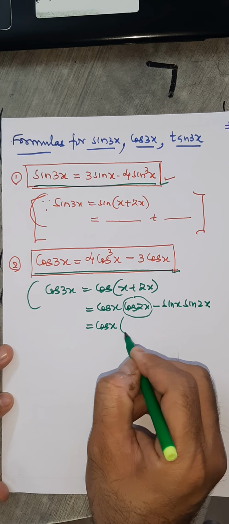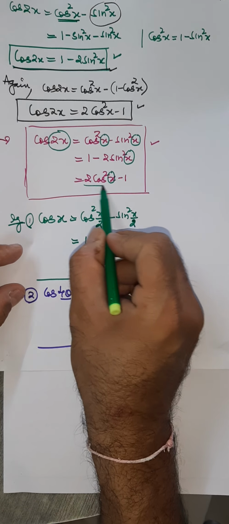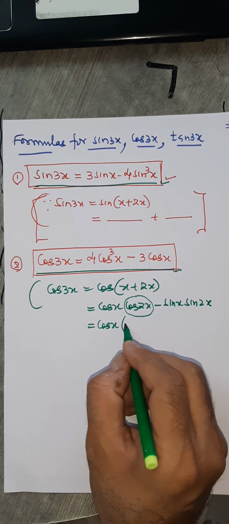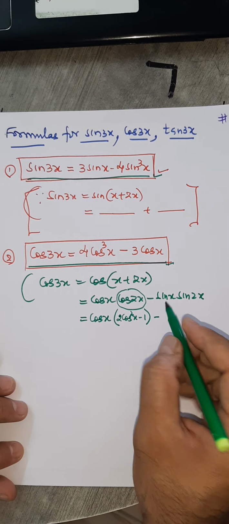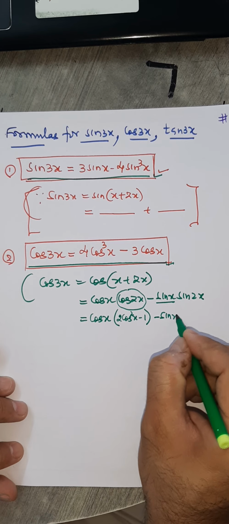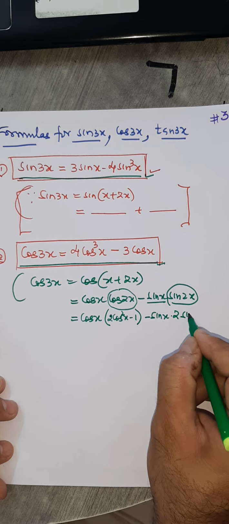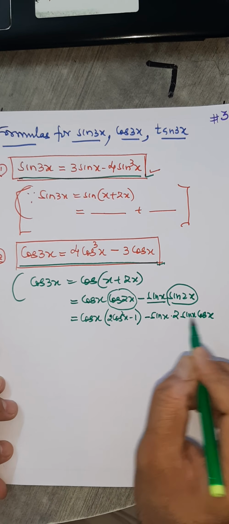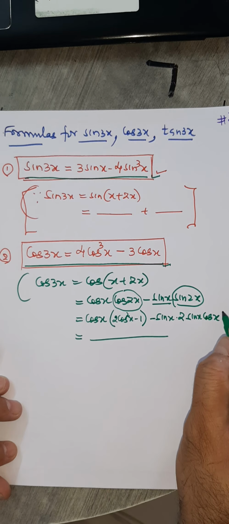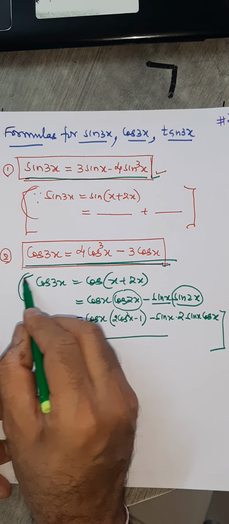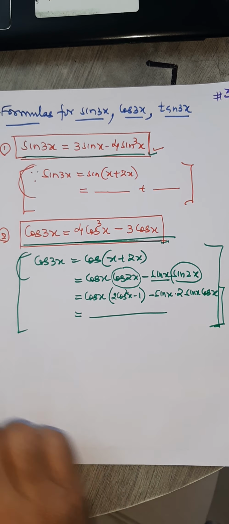You know the formula: 2 cos square x minus 1. Minus sin x as it is. What about sin 2x? You can write 2 sin x into cos x. So you just simplify, and you will get this formula. That proof is not important for you, but I'm showing it for your information.